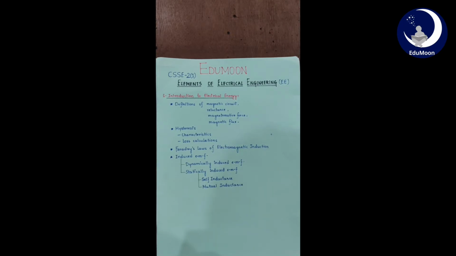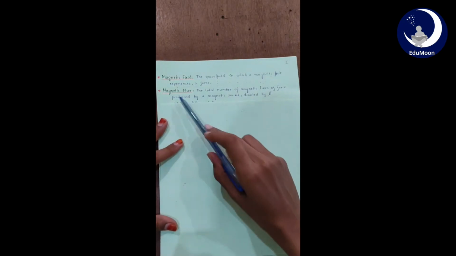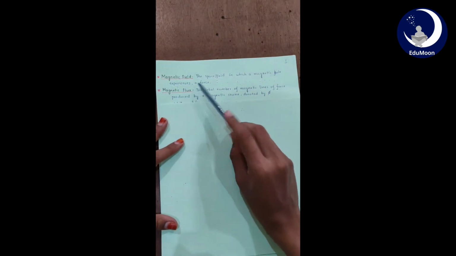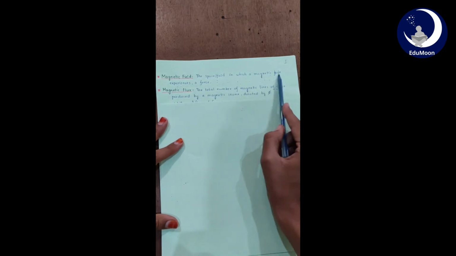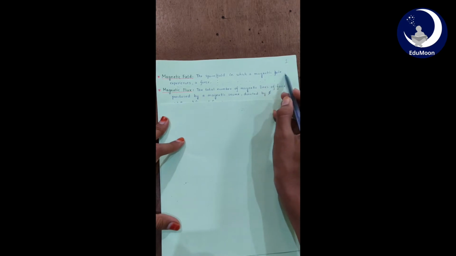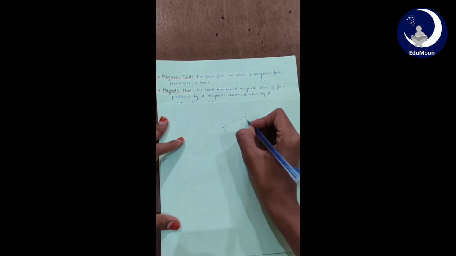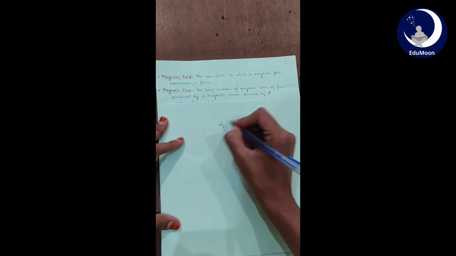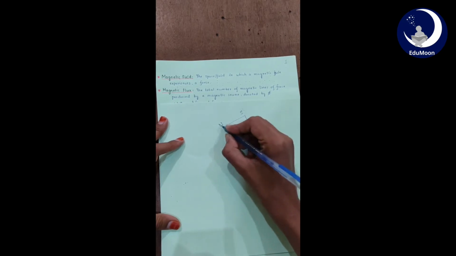Okay, so now let's get started. First we'll learn what magnetic field is. Magnetic field is a space or field in which a magnetic pole experiences a force. Now see what a magnetic pole is. When you consider a bar magnet, we know that a bar magnet has two ends, north and south pole.